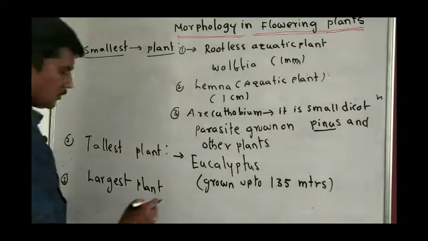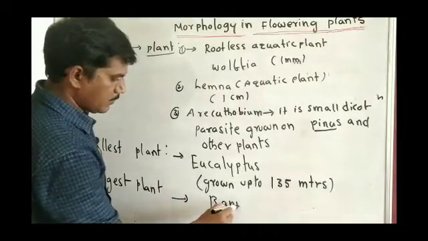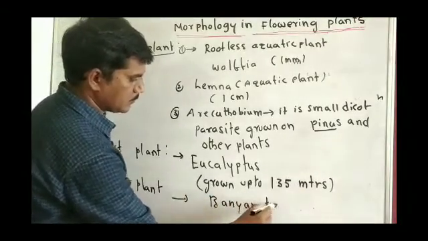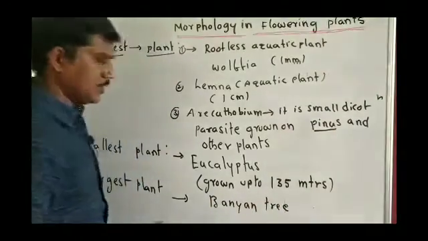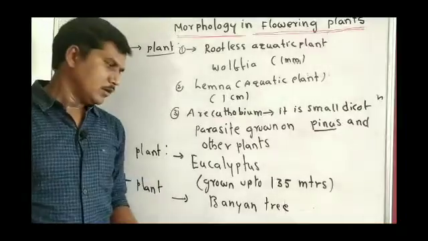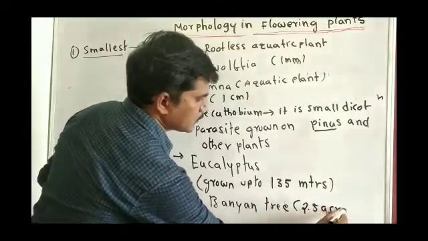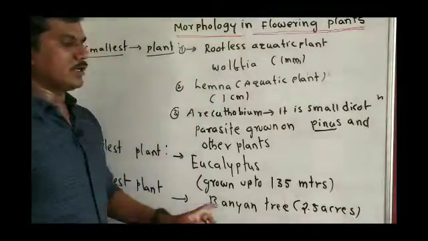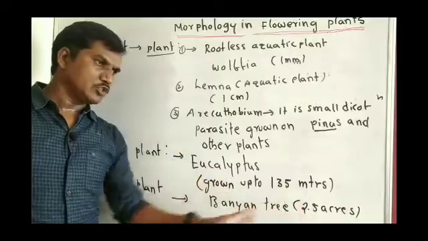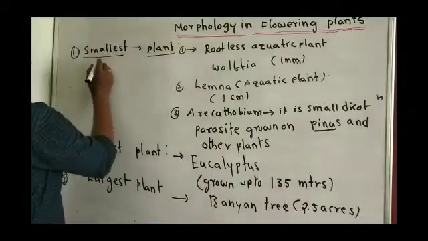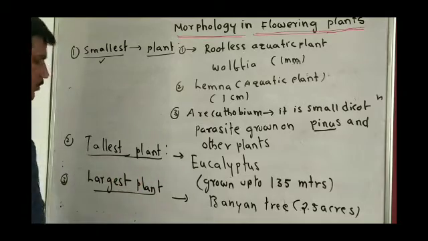When coming to the largest plant, you know very well, it is the banyan tree, also called Ficus bengalensis. The banyan tree occupies 2.5 acres of space. So, very important: smallest, tallest, as well as largest plants.